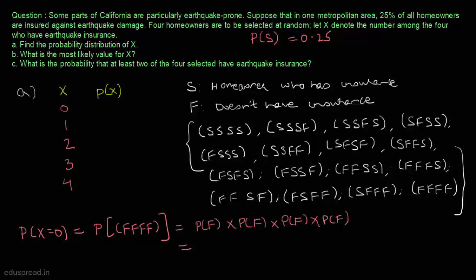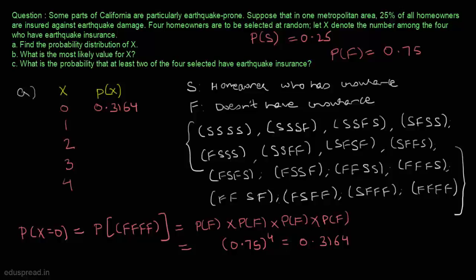So this means that probability of F is equal to 1 minus 0.25, so it is equal to 0.75. So in this case, the probability that X is equal to 0 is equal to 0.75 raised to the power 4, and this is equal to 0.3164.